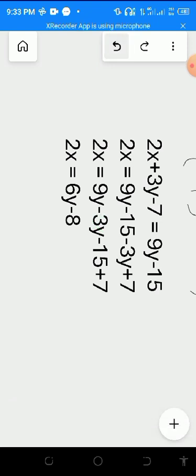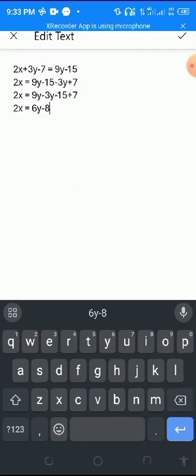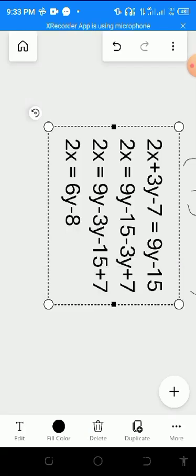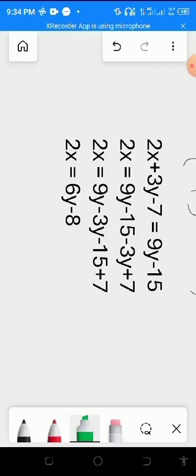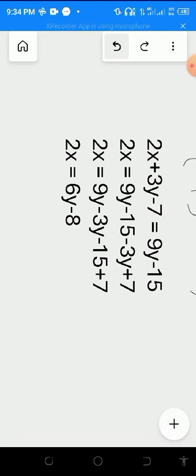So we just focus on the numbers. So I have 9 minus 3, and that is going to be 6 of the y here, and then this is negative 15 plus 7. So it's just like saying 7 minus 15, right? So perfect, that's how I got my negative 8.